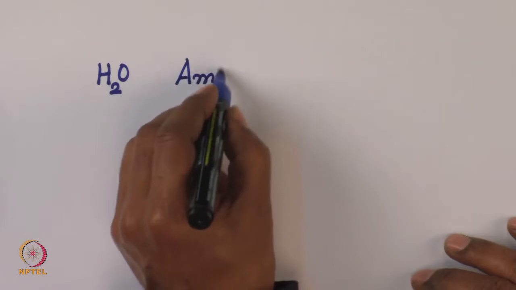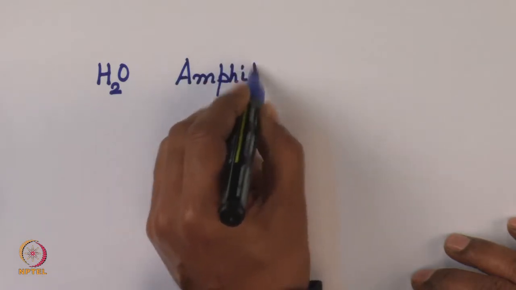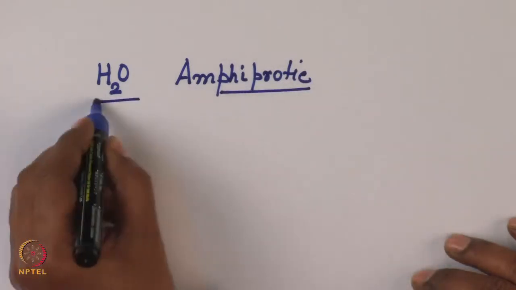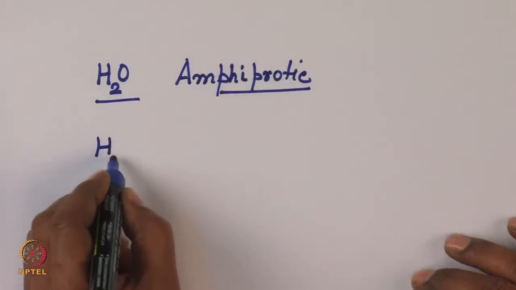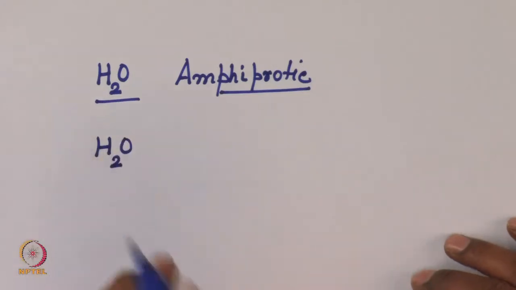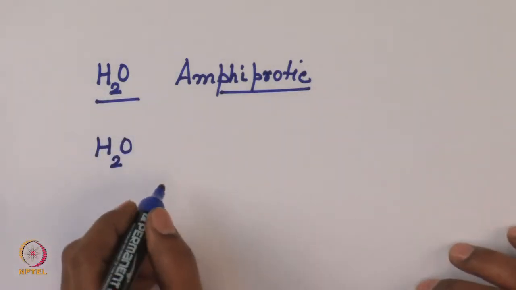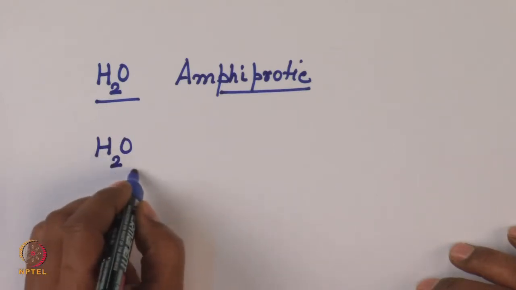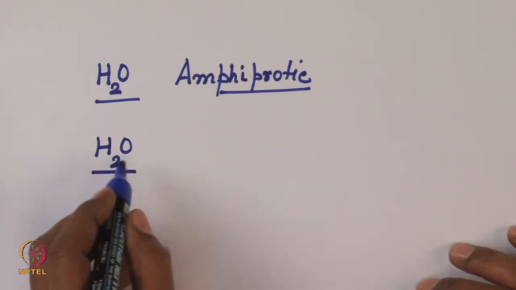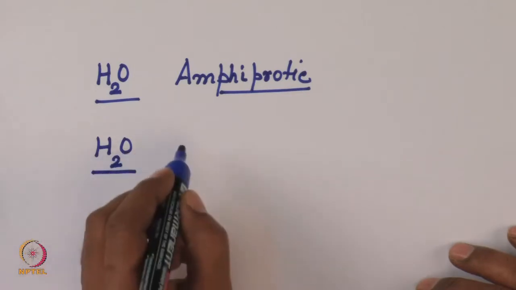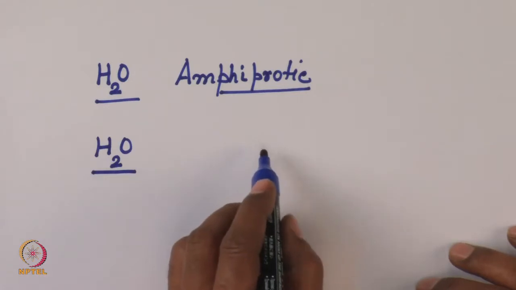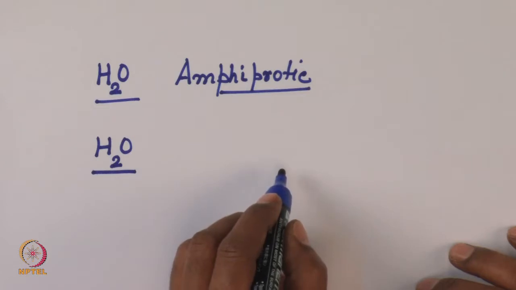That is what we are talking about. What it means is, if I take two water molecules, or if I mix water with another molecule, depending upon the type of the molecule, it may accept a proton or it may donate a proton.